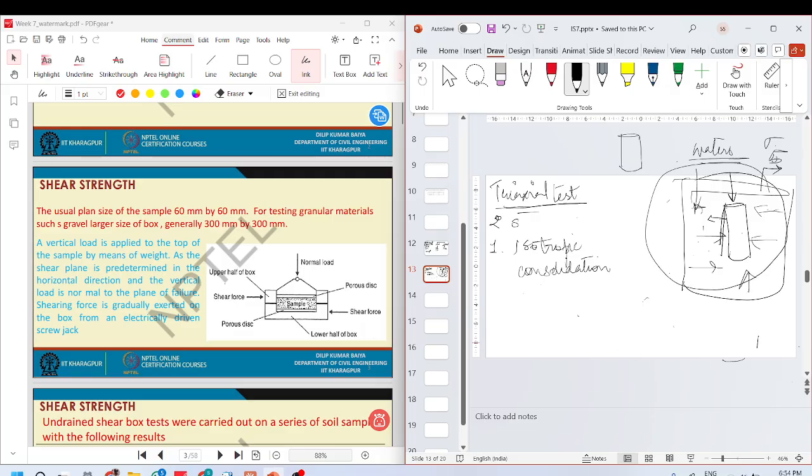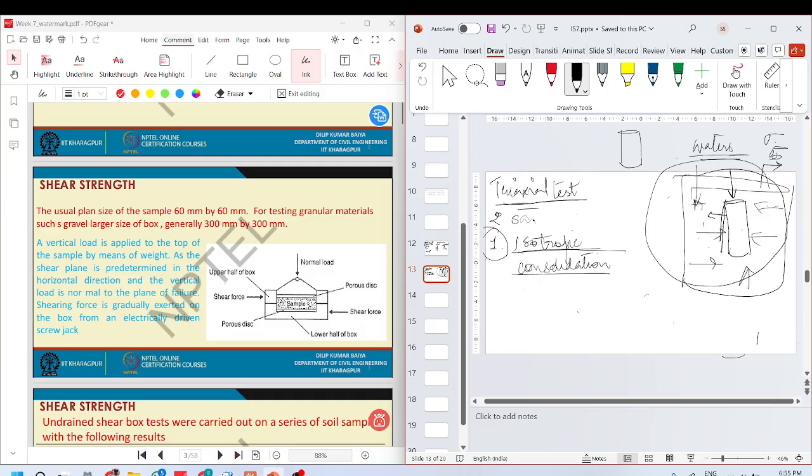Once this consolidation takes place, the stage is for the sample preparation. It can be of two types: consolidated or unconsolidated.